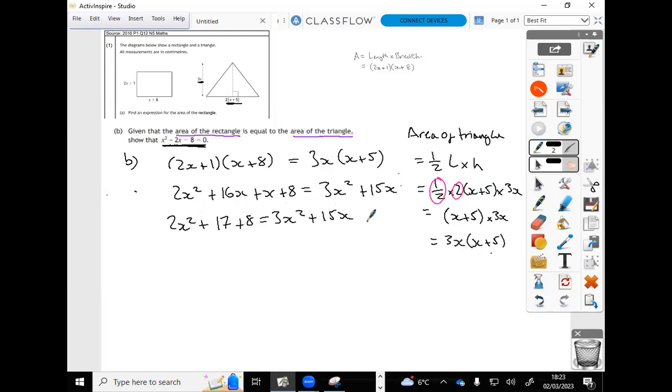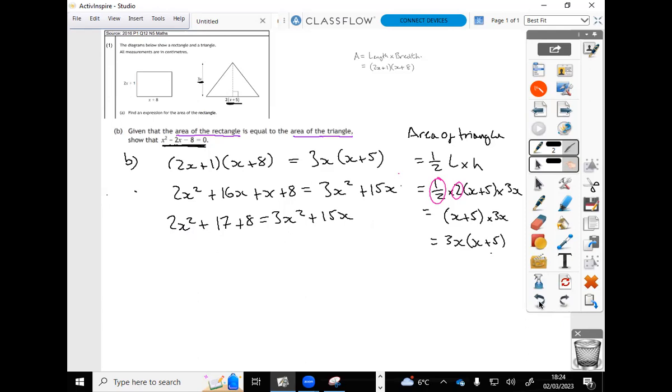Now we want to bring everything together and leave one of the sides with 0, so we need to take every part of the expression over to the other side. The expression wants to leave us with positive x squared. So if I bring the 2x squared over to the right-hand side, that will give me 3x squared minus 2x squared, and it will give me my positive x squared term.